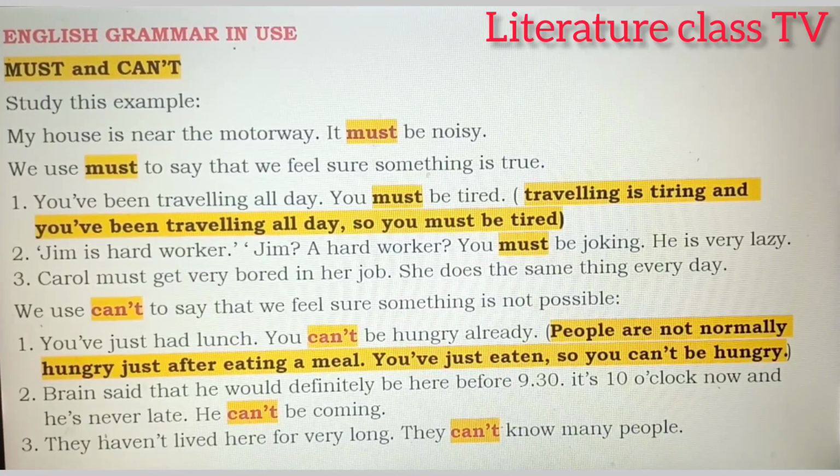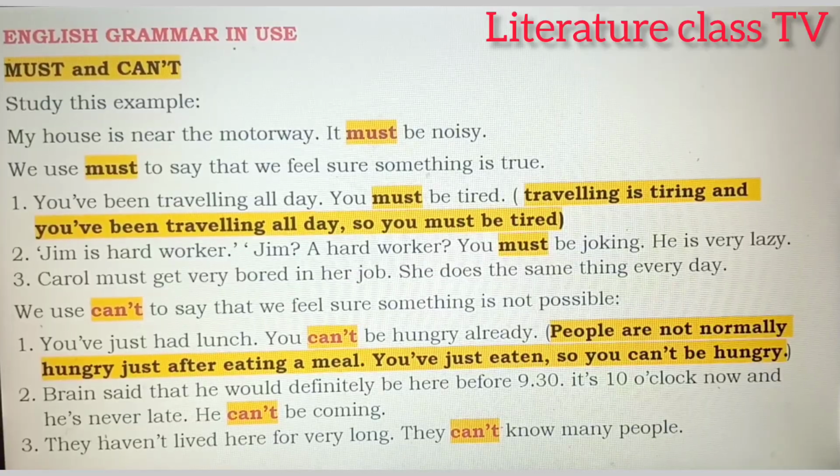You can't be hungry already. It is not possible, my friend, to be hungry when you have just had lunch. People are not normally hungry just after a meal. You have just eaten, so you can't be hungry.